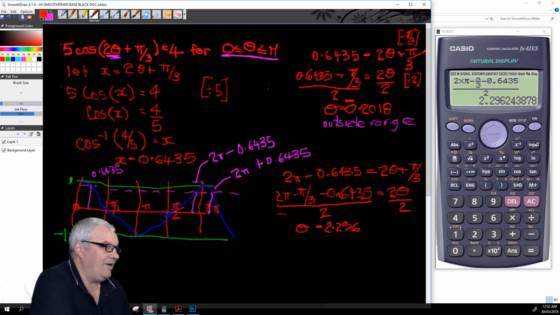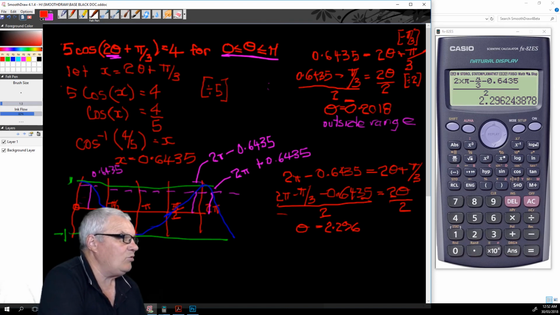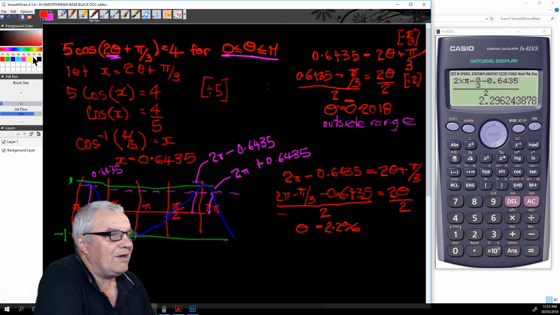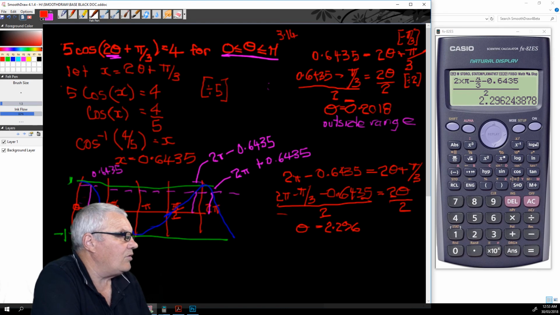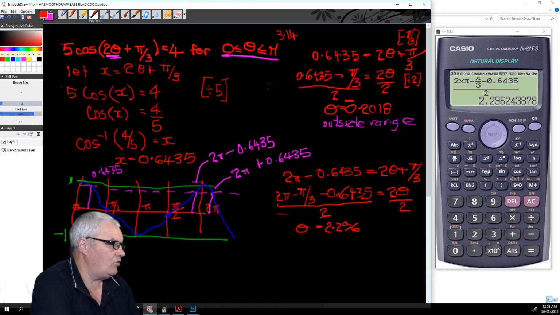2.296. And yes, that will be in the range, because that's in the range of between 0 and pi, which, remember, pi is 3.14. So that's in the range, because in terms of radians, that's 2.296.